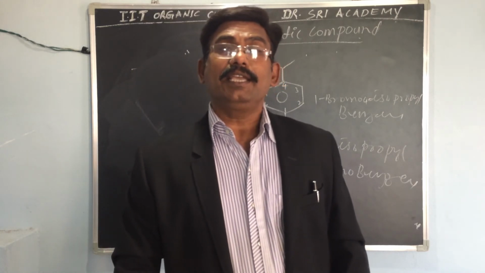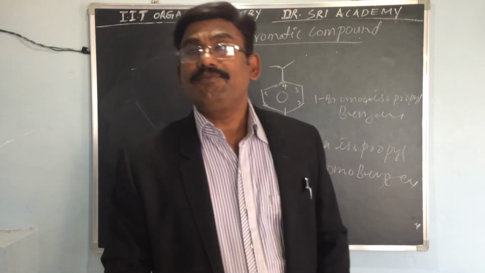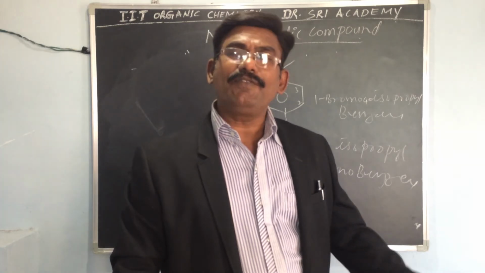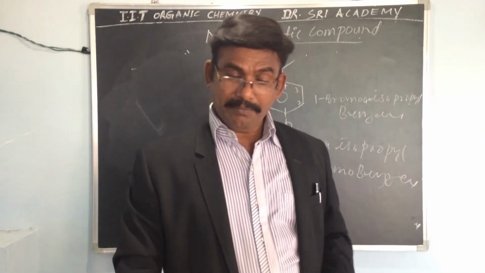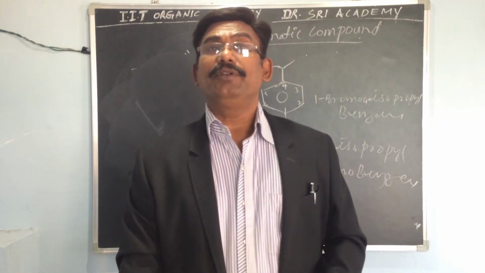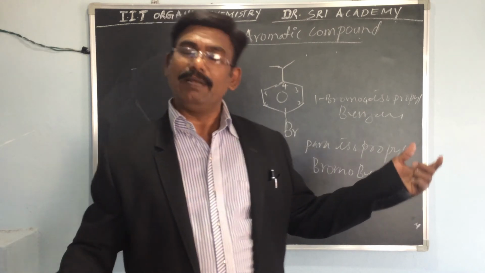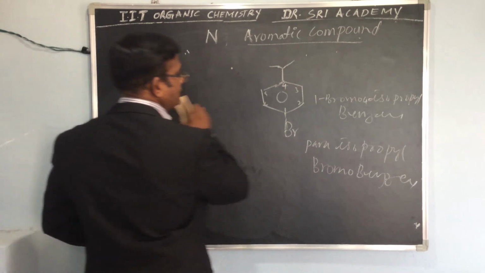In this case, there is only one halogen group. If another functional group like an acid group is there, so different types of groups, how can you give the name? We have to see the first different types, and polysubstituted benzene also we will see.